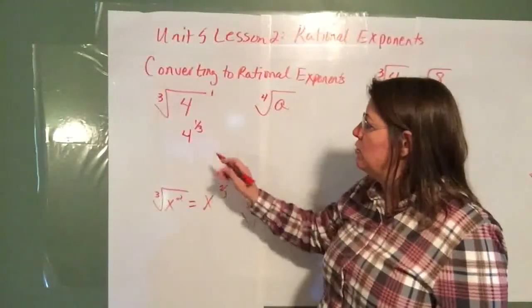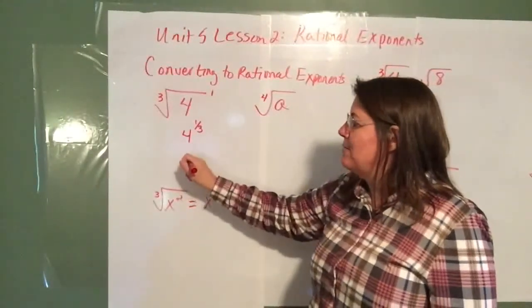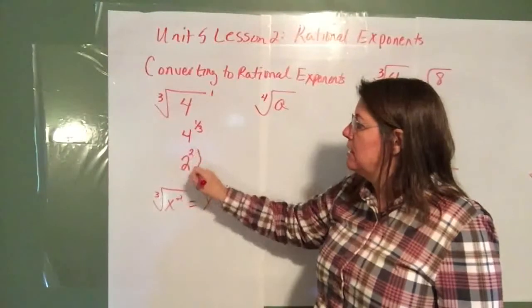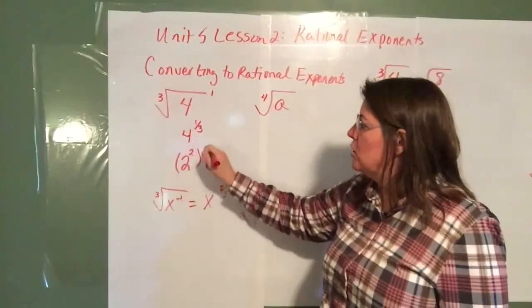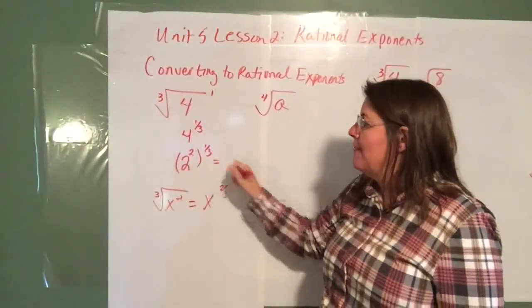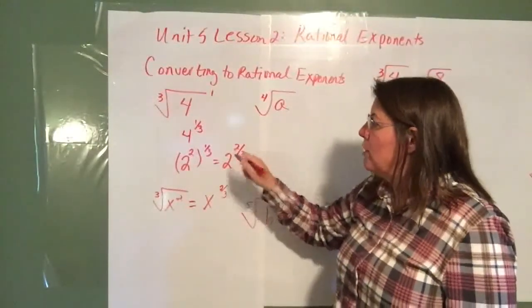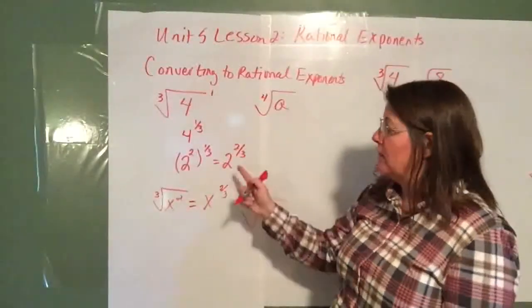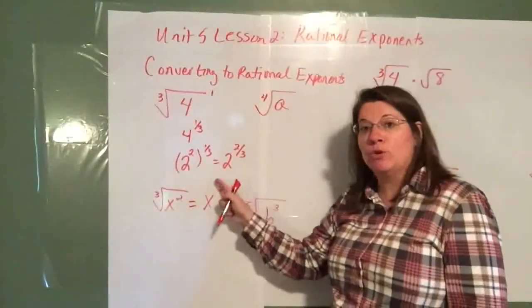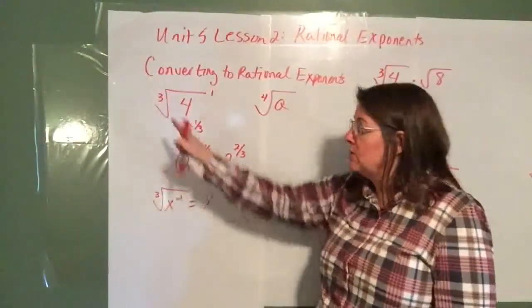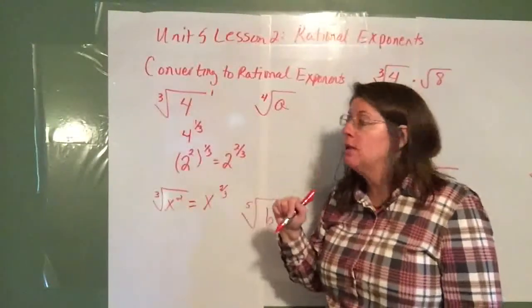So hopefully you understand that a 4 is the same thing as 2 squared. And so if we have 2 squared to the 1/3 power, that's the same thing as 2 to the 2/3 power, which is also, if we convert it back, the same thing as the cube root of 2 squared, which is the cube root of 4.